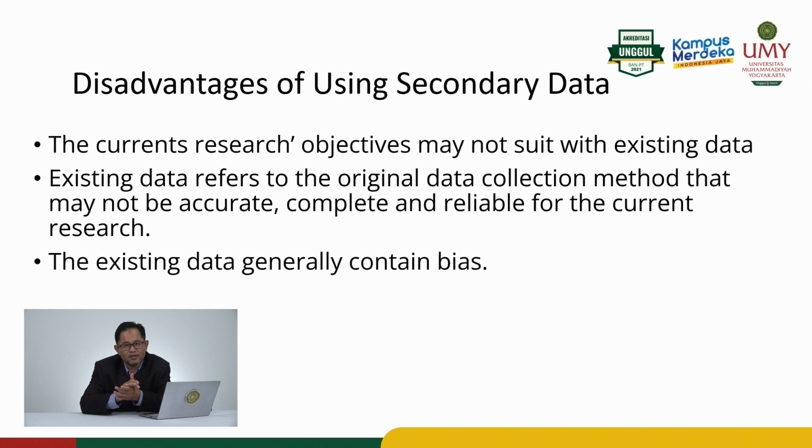And we will also talk about the disadvantages of using secondary data. If you use secondary data, of course there are some disadvantages. The first disadvantage is that the objective may not suit the data, because the data was taken using the previous objective of the previous researcher who produced it.